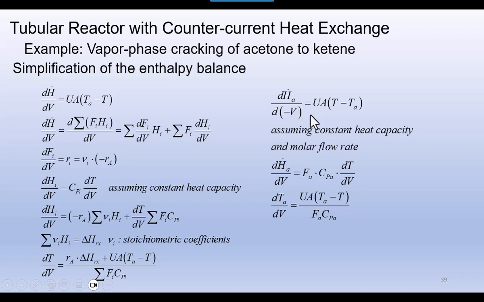And then likewise here with air, we make a similar type of change, and we come up with a differential equation in terms of the temperature of the air, assuming a constant heat capacity, and our molar flow rate of air does not change because there's no reaction there.